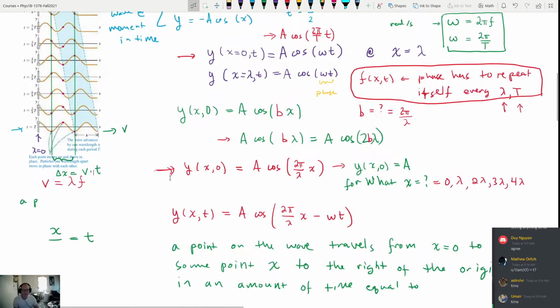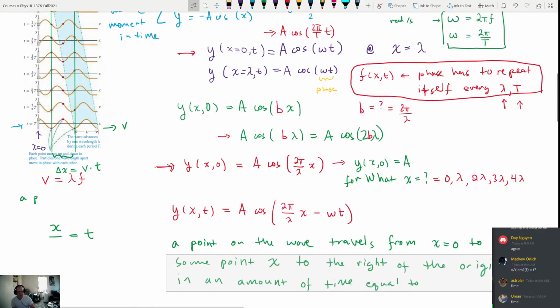So what's the time? So if a point on the wave travels from x equal to 0 to some point x to the right of the origin in an amount of time equal to t equal to x over v, right? You basically just move the v to this side. And now in this case, because we're choosing x equal to 0, the delta x just becomes x, right? t equal to x over v.